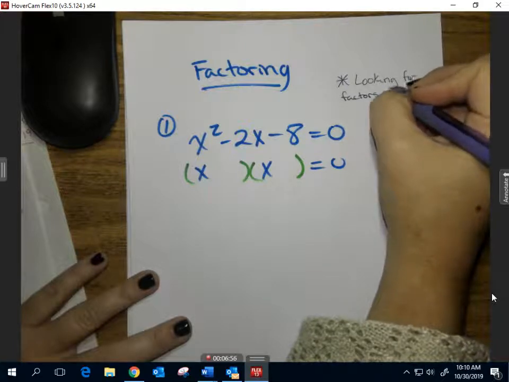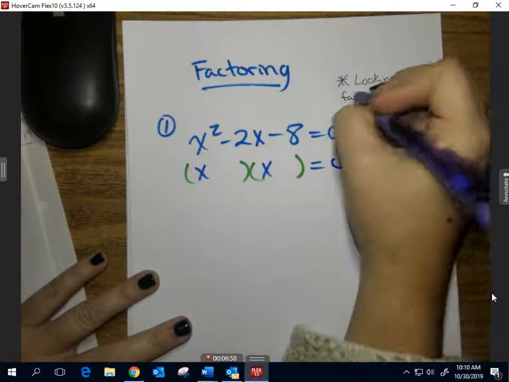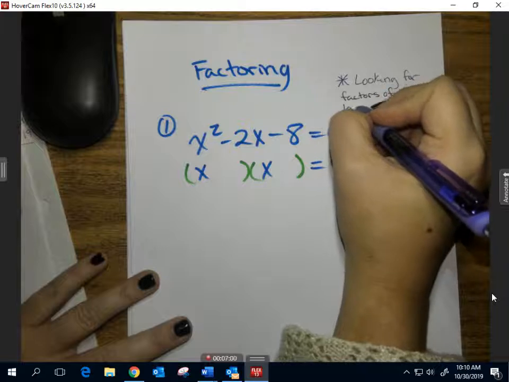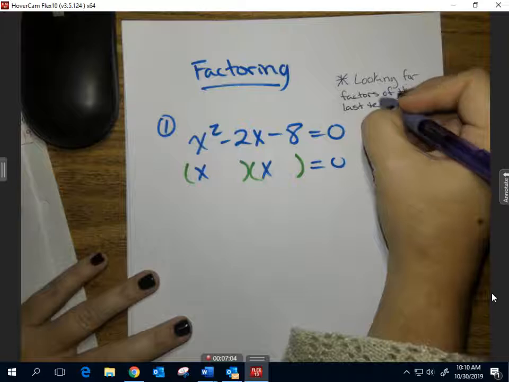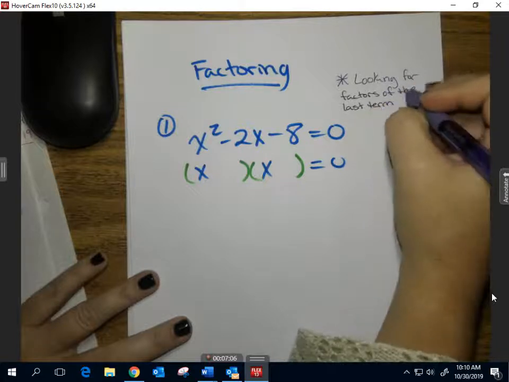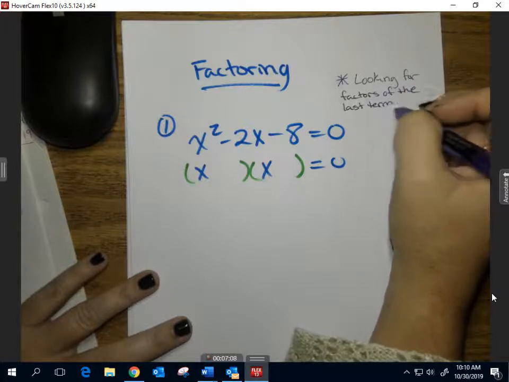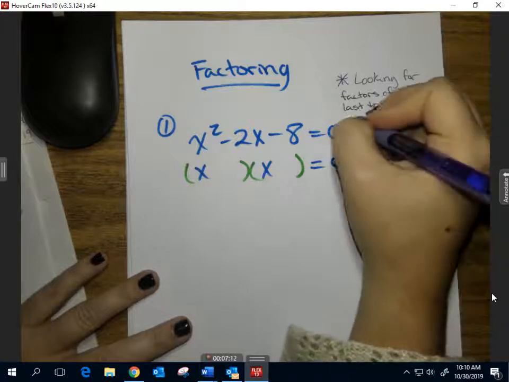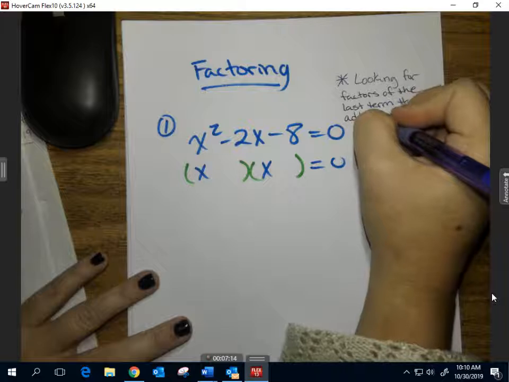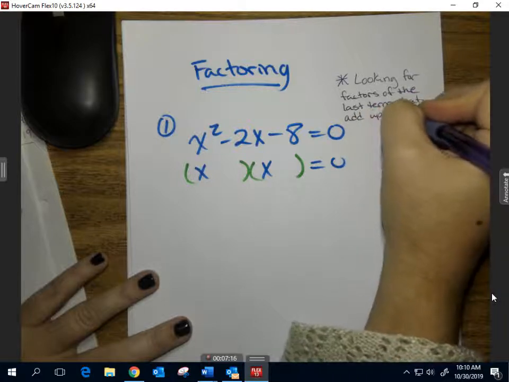Factors of the last term. What's the last term in this quadratic? Negative 8. Factors of the last term that add up to the middle term.